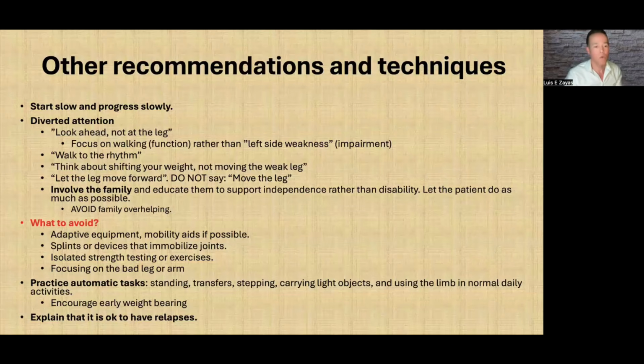So remember to practice automatic tasks like standing, transfers, stepping, carrying light objects. So it's basically normal daily activity. And, very important, weight bearing. And it's important to explain that you have relapses and you will have relapses. This is coming, okay?